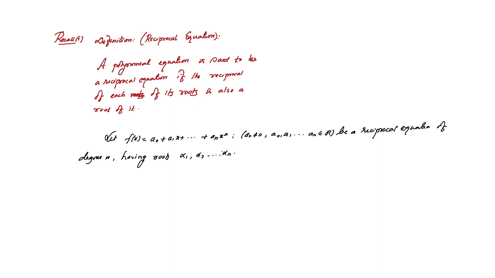You know, the equation of degree n has n roots, no more. So the roots we assume here are alpha 1, alpha 2, ..., alpha n.